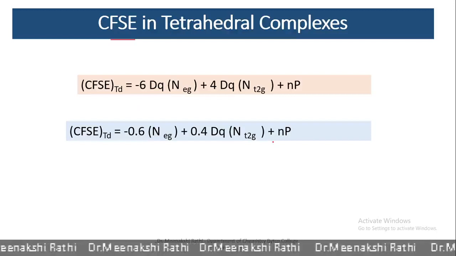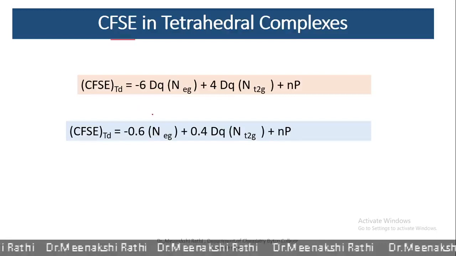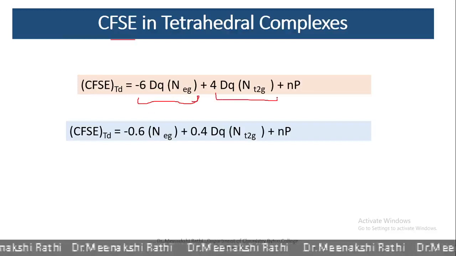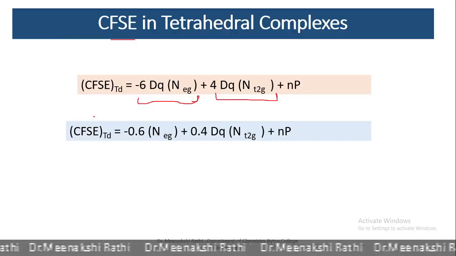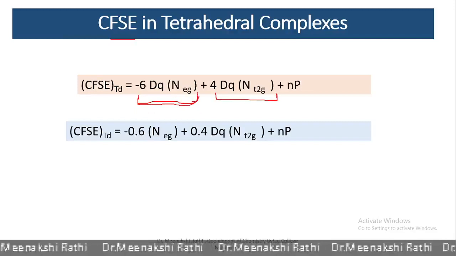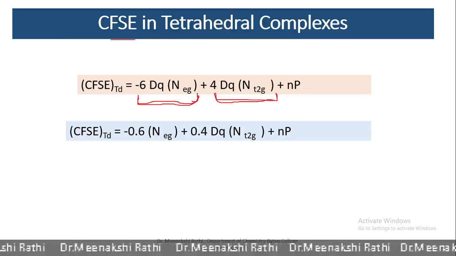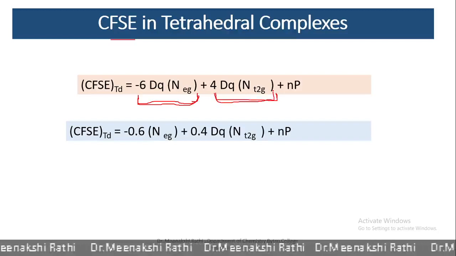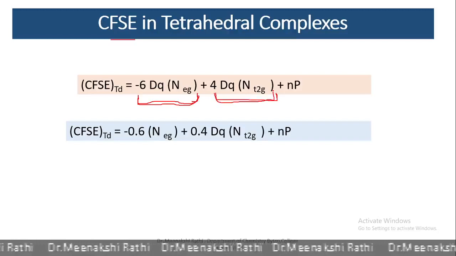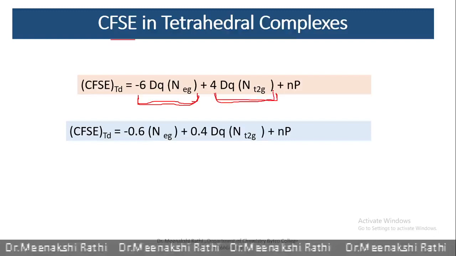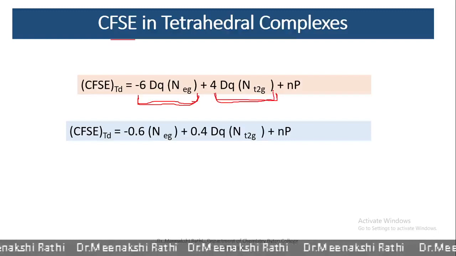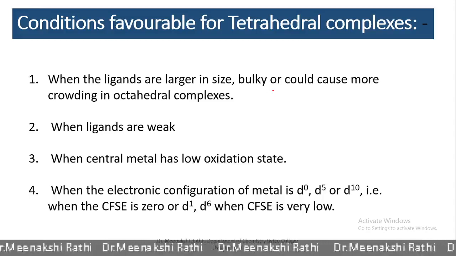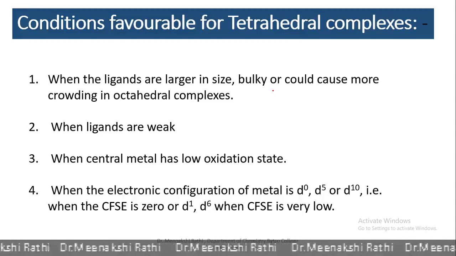The only thing is that here the T2 orbitals' energy is increased and the E orbitals' energy is decreased. This formula we will use here. We'll discuss it later. Now, just see which conditions are favorable for tetrahedral complexes.